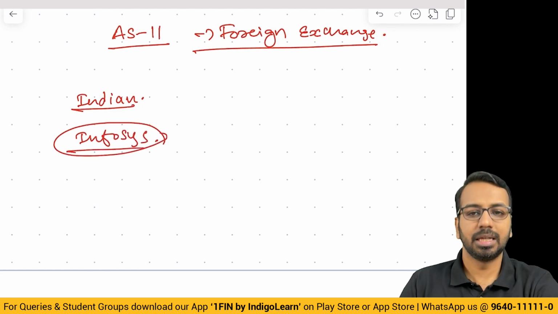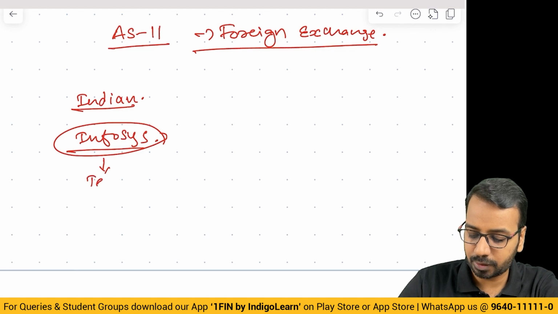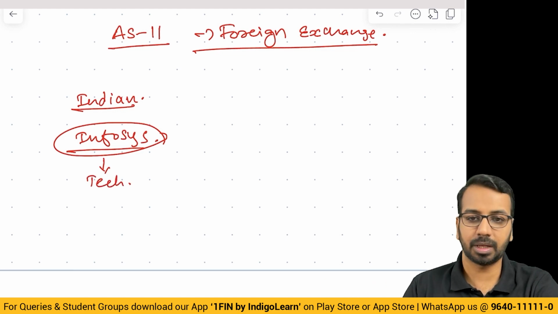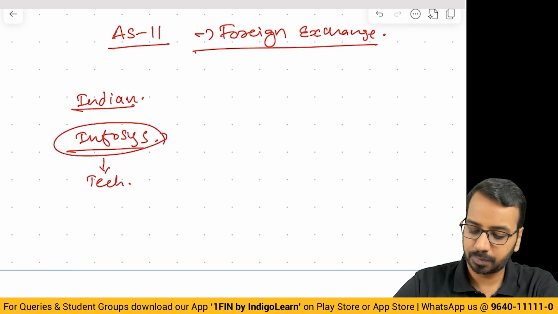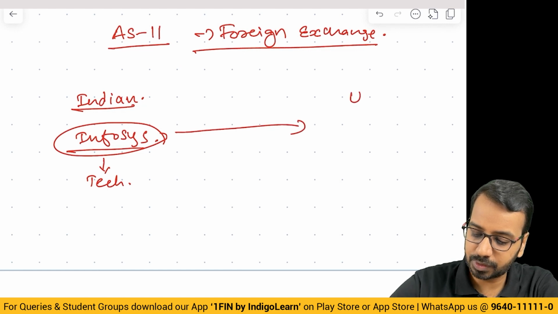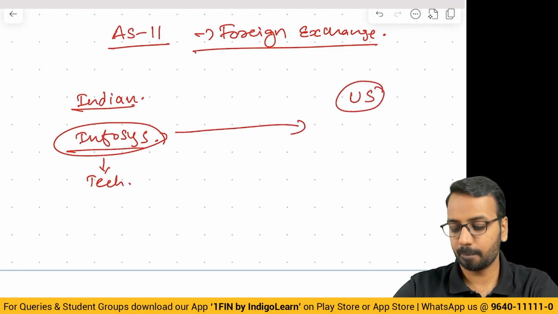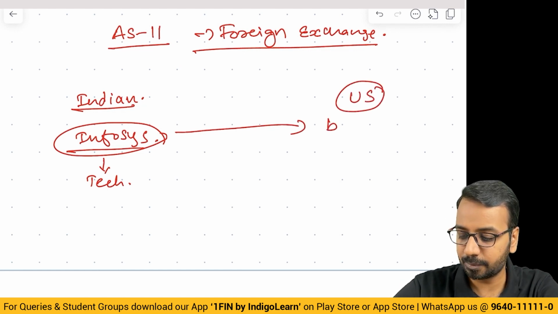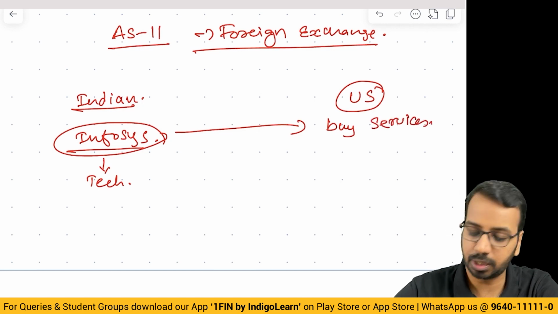Infosys is in the business of technology or software that we call. Infosys has customers in United States. Now these customers buy services from Infosys.